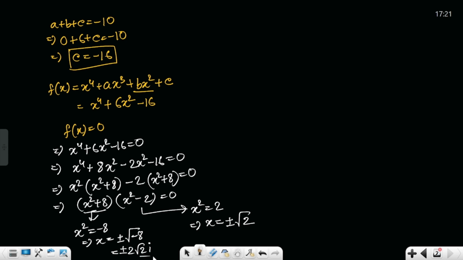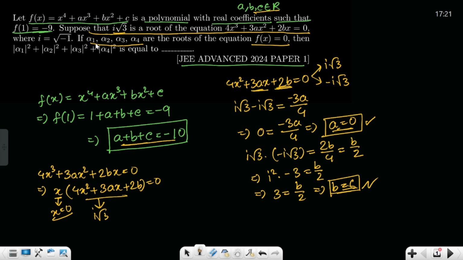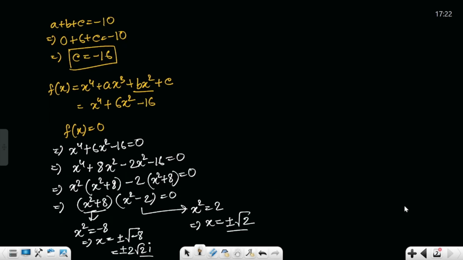So now we got the 4 values of x, and it is denoted as alpha 1, alpha 2, alpha 3, and alpha 4. Okay, so let us hold alpha 1 equal to 2 root 2 iota, alpha 2 equal to minus 2 root 2 iota, alpha 3 equal to root 2, and alpha 4 equal to minus root 2.